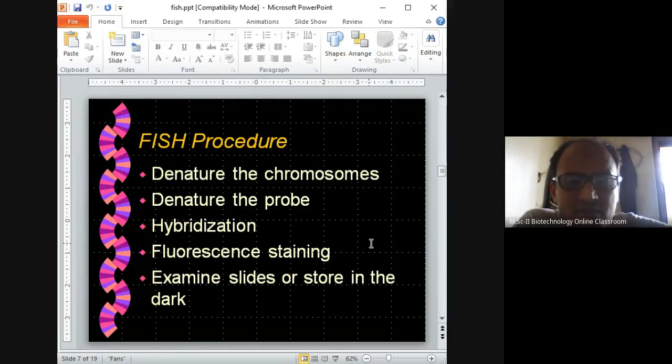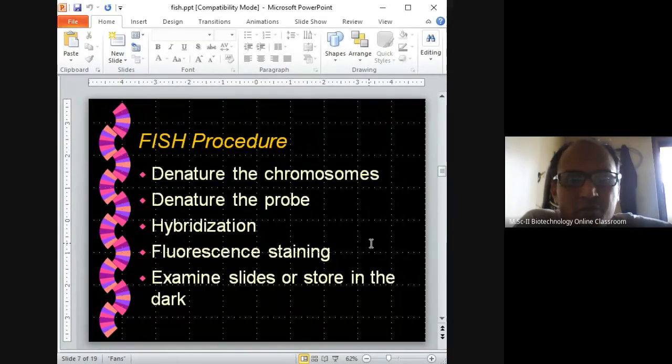The next step is hybridization. Hybridization means what? Hybrid is a mixture of two things. So we will hybridize the template with the desired probe. When a desired probe goes and binds to the template, we call it a hybrid. The next step is fluorescence staining.